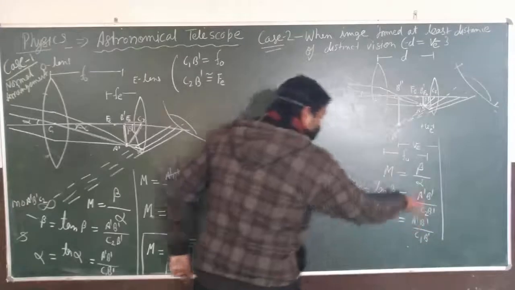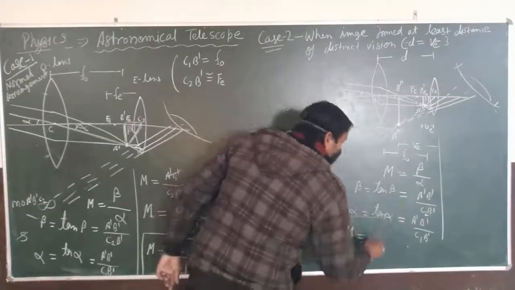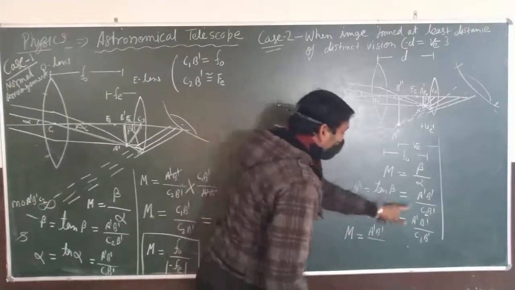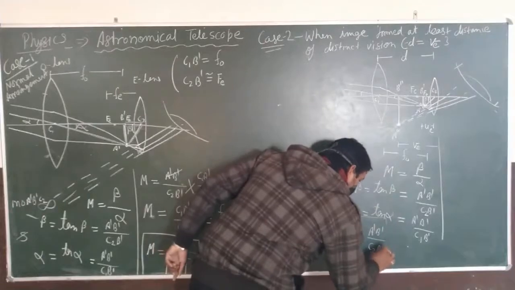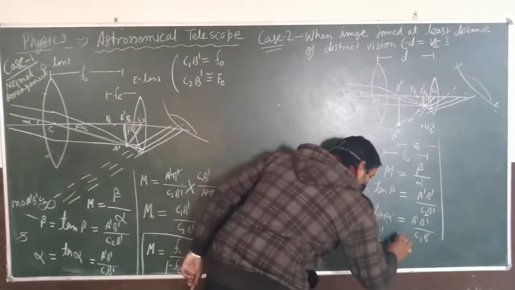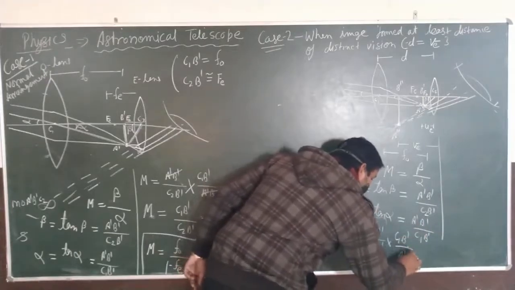Okay. Now what you get from here? Magnification is equal to A dash B dash, the value of tan beta is C2 B dash into alpha, opposite, C1 B dash and A double dash B double dash.